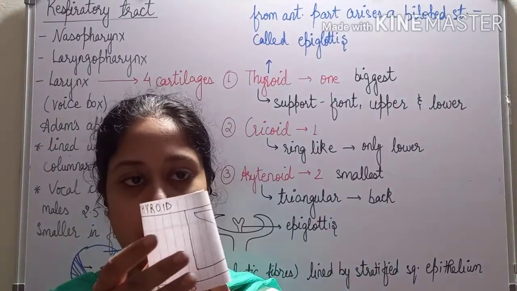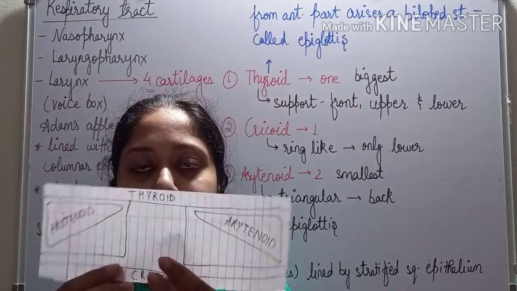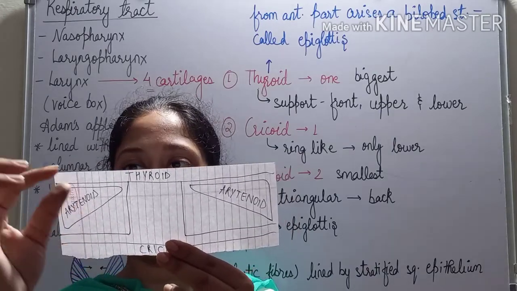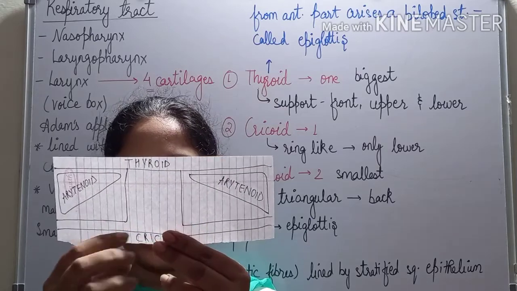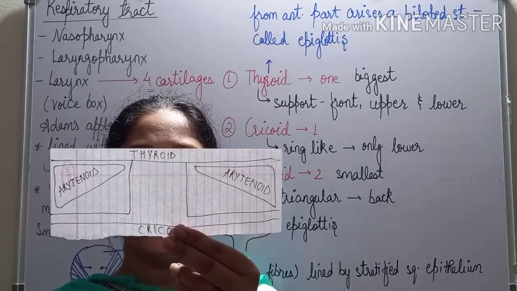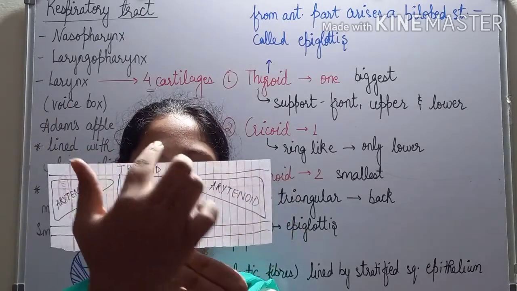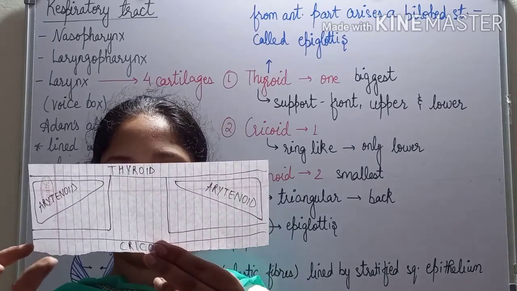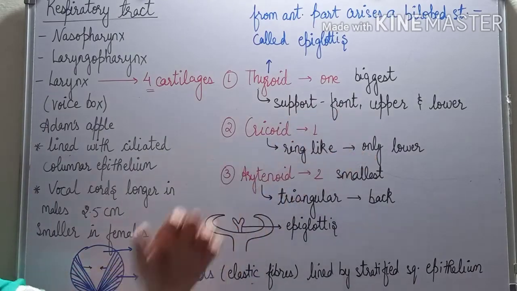Now if I open it up and show you, you can see here this thyroid cartilage is the biggest cartilage. It forms a U-shaped structure. Here thyroid cartilage is present, here and here also. As you can see, it is present on the front.